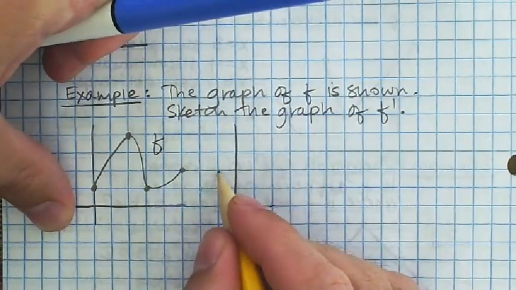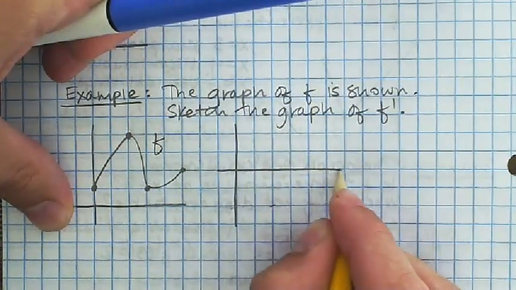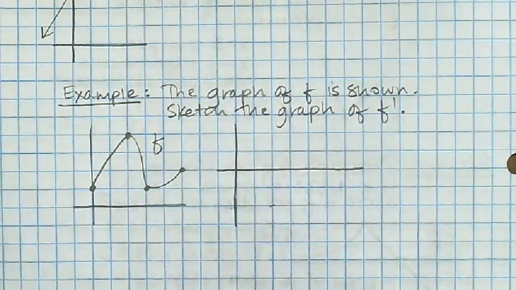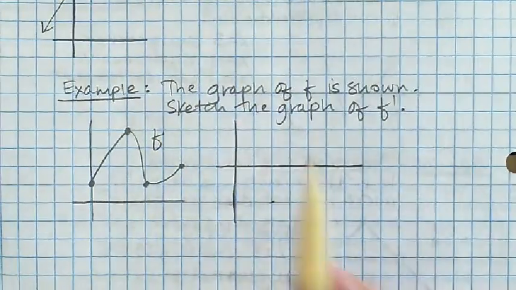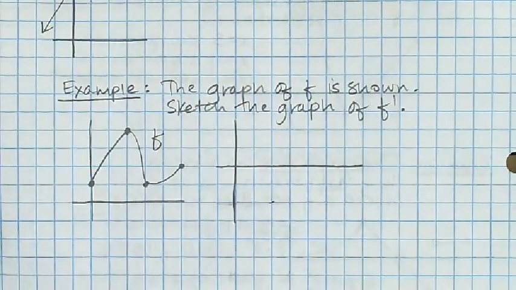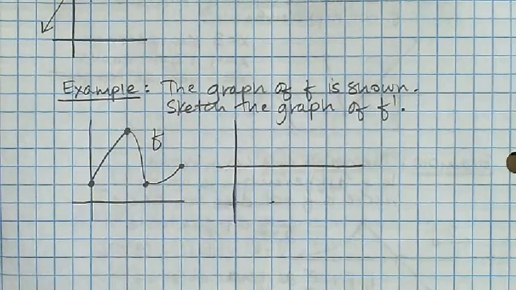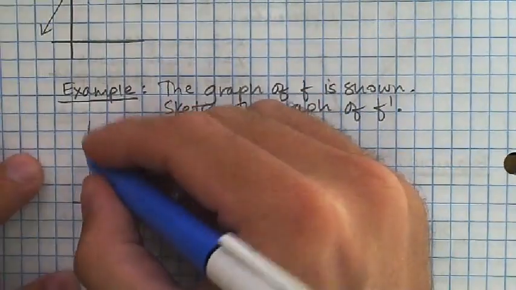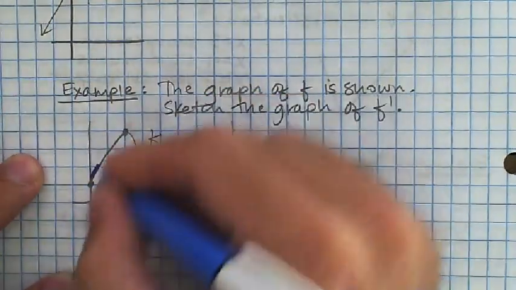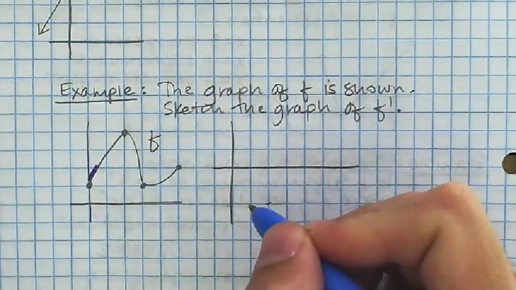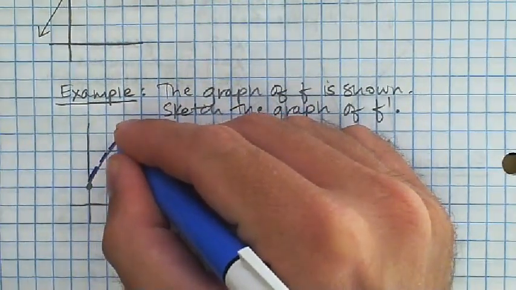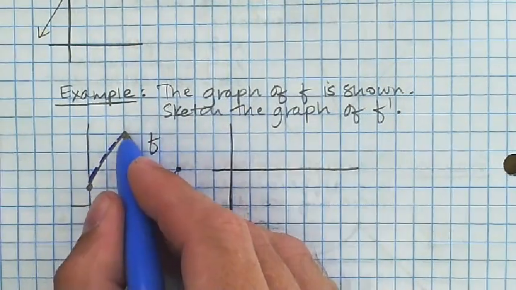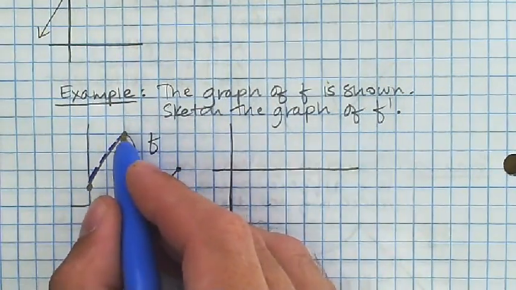Now, a little bit of advice: sketching the graph of the derivative, you kind of want positive and negative territory, because we see that at some places the slope of the tangent line is going to be negative. At first, the slope at the beginning, I'm going to draw the slope of the tangent in blue for the first segment, is positive. It looks like it might be about +2 or something. I'm not even going to worry about that. I know it's positive, but it's getting shallower as I approach the top, where the tangent line would be horizontal.